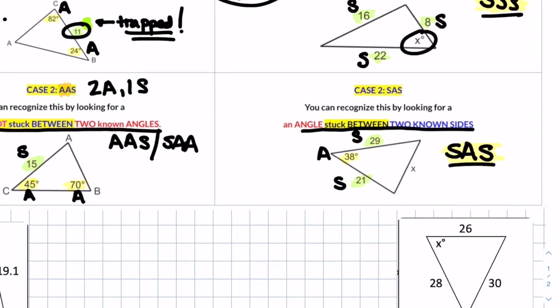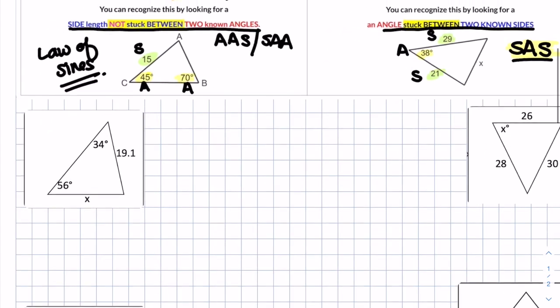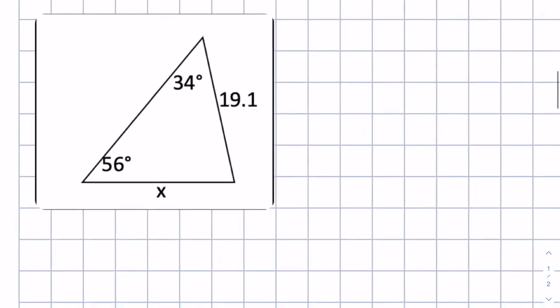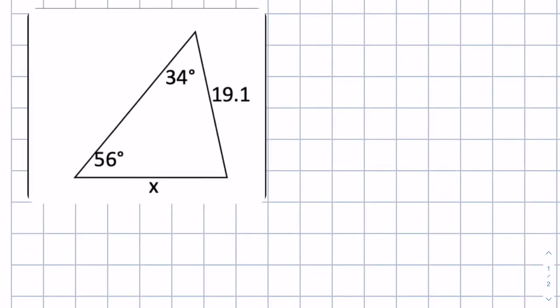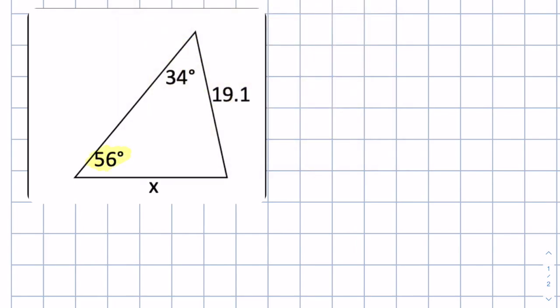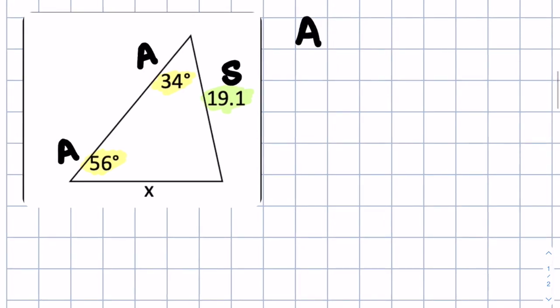So when you're doing the activity, I want you to internalize this and ask yourself, okay, what case do I have? Here, notice we have angle, angle, and then a side. So this one we would call A, A, S. If we have AAS, ask yourself, is that more angles or more sides?